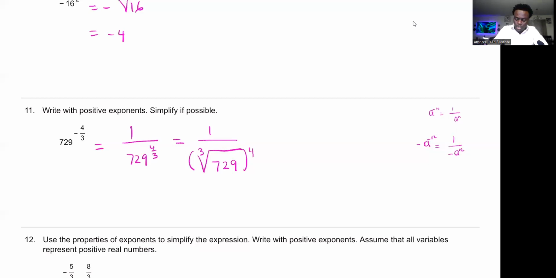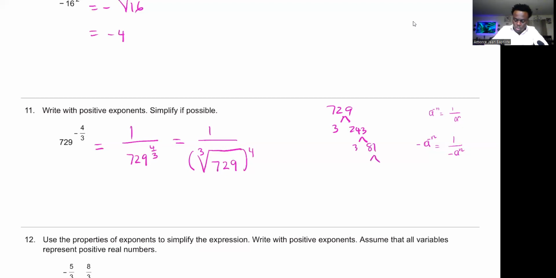So I'm going to put it here. 729. I start with 3. Divide 729 by 3. It gives me 243. Then I go down. Divide by 3 again. 81.